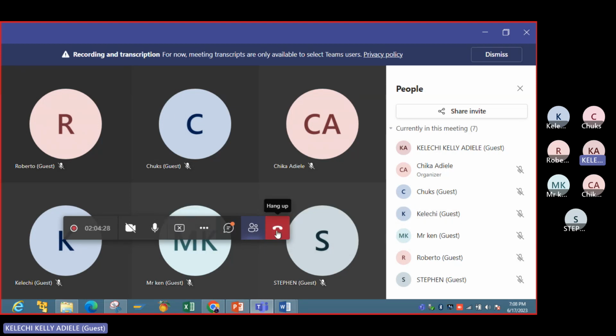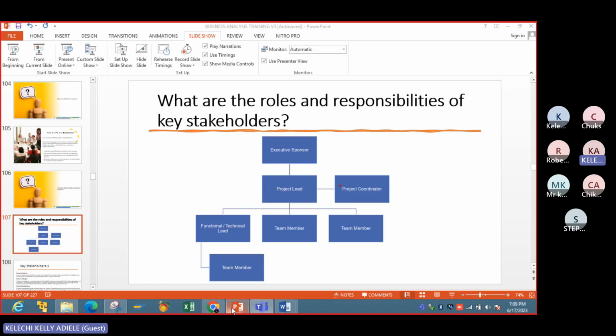I think he's only giving me permission. But I'm hearing Chooks speak. Chooks, can you unmute yourself? Yes, I have. So Kelechi, please, you can log out and log in. It's active. I think it's from your end. Please log out and log in. Thanks. Is it me? Somebody said they can't unmute. Oh no, I'm okay. That's fine then.